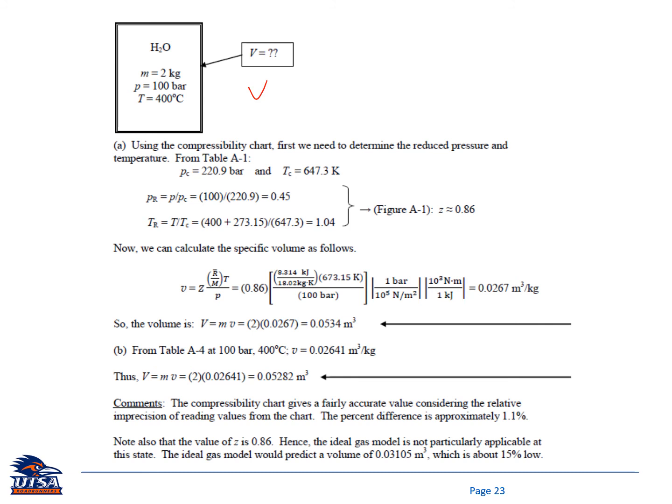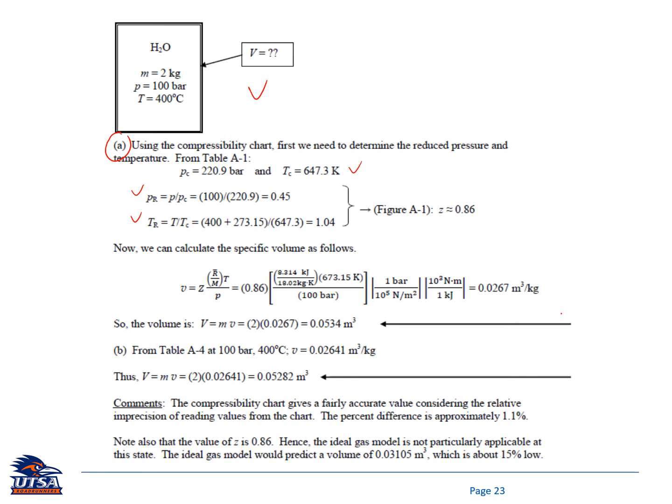So the first question is we need to use a compressibility chart. Here from table A1 again, you will get PC and TC for H2O, and then using this formula you will get PR and TR.